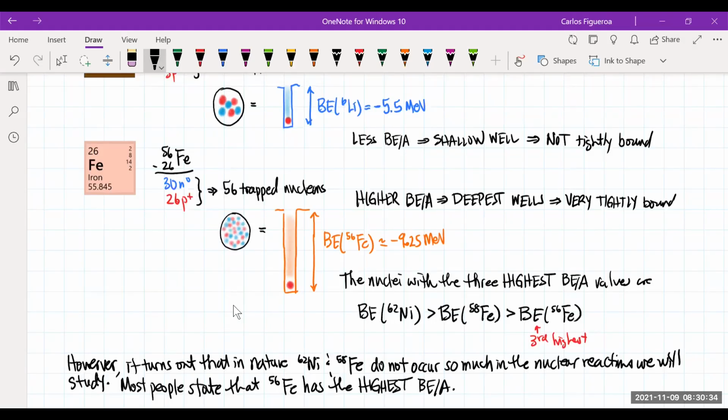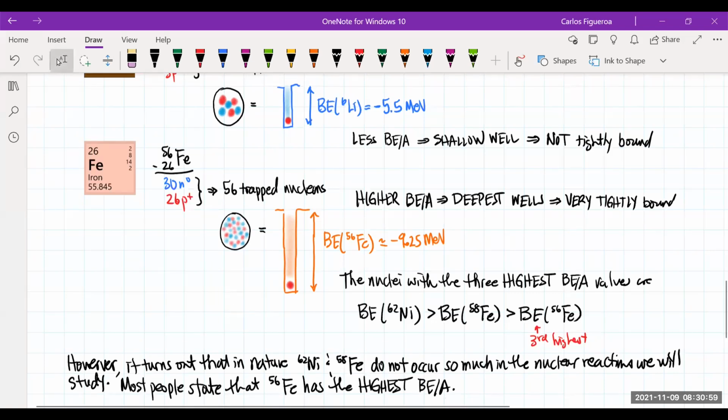Is it true? It's not true. But because iron 56 occurs more often, then that's really what we're talking about right there. I know it sounds kind of odd, but it's really not. Because you got to consider the situations that occur.